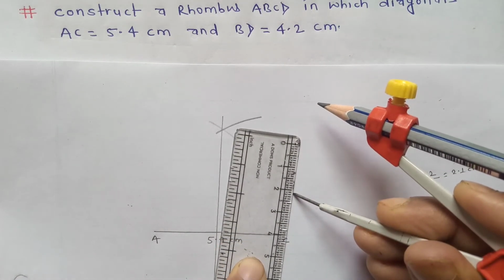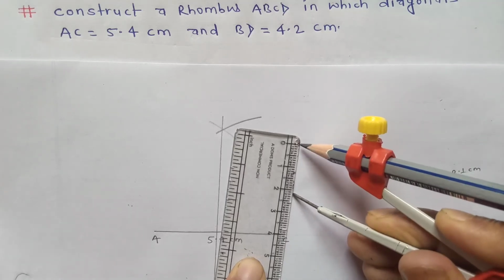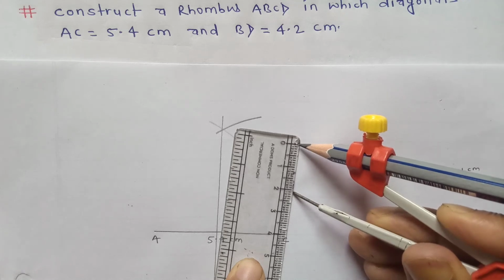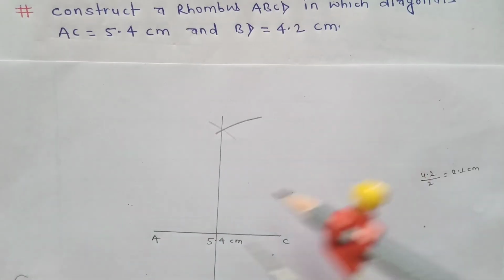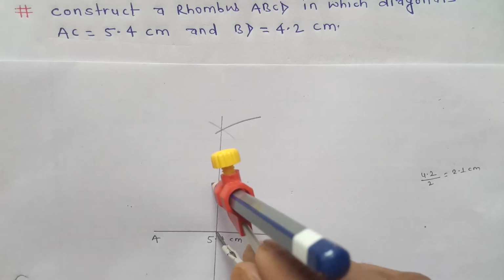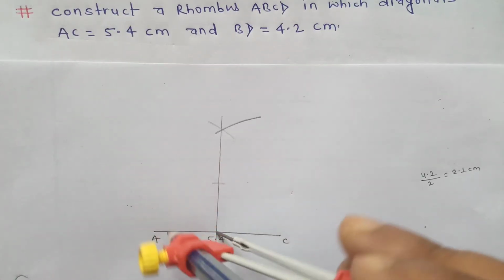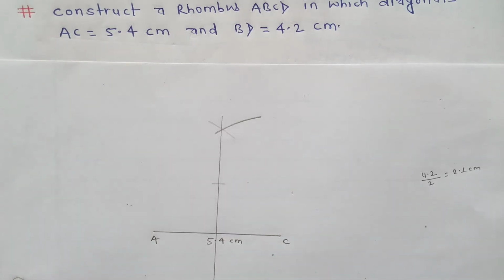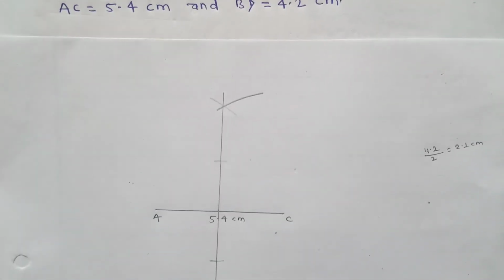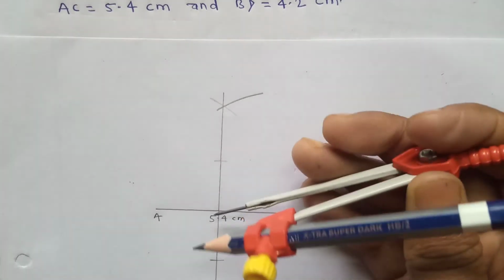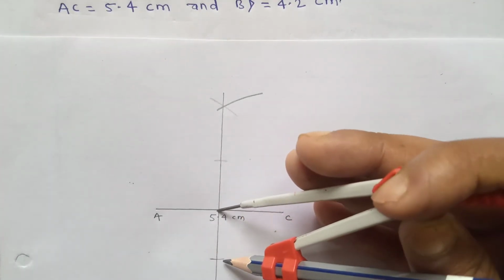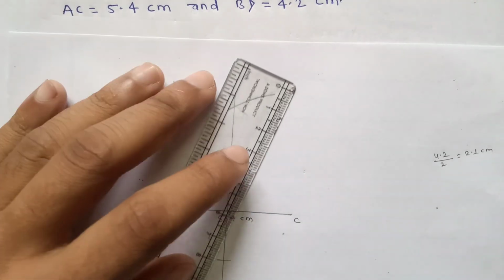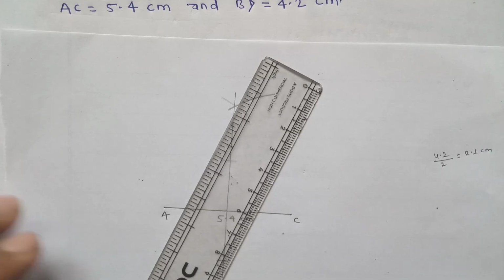Here is 2.1 and this is 2.1. Fix it. Now we cut from this point to here and from this point to here. Clear? Up and down, we cut without moving our compass. Now we can join all those parts, then our figure will be complete.